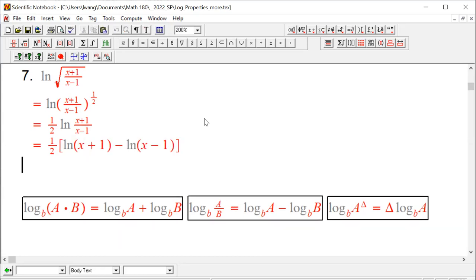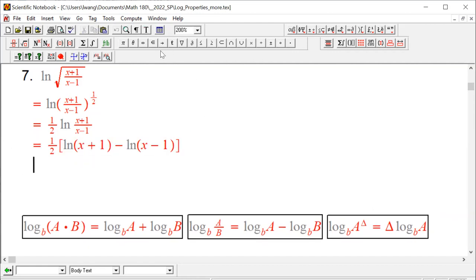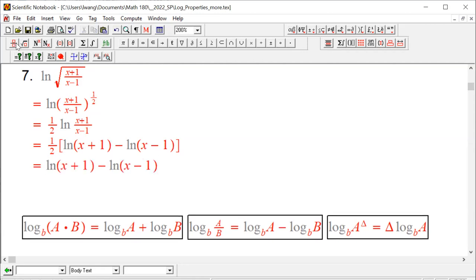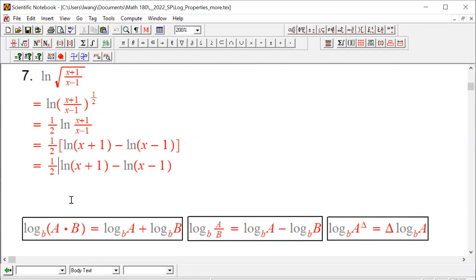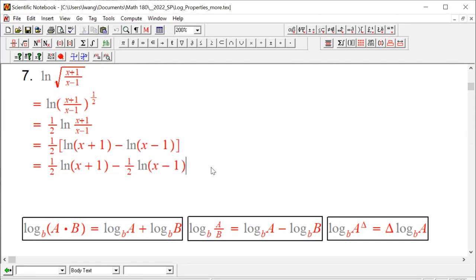This question, as of here, is finished. The most you can do is distribute the half to both terms, and that's about it. So 1/2 here and 1/2 there. Either one is a good answer.